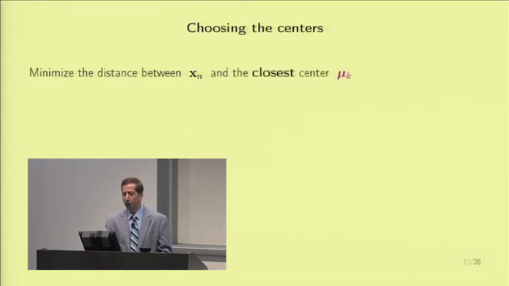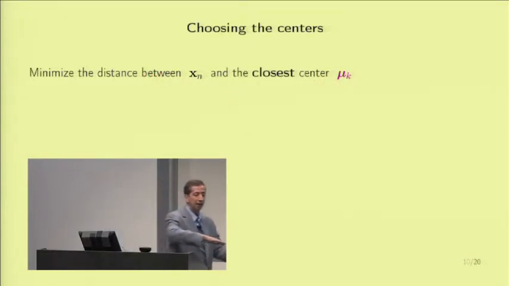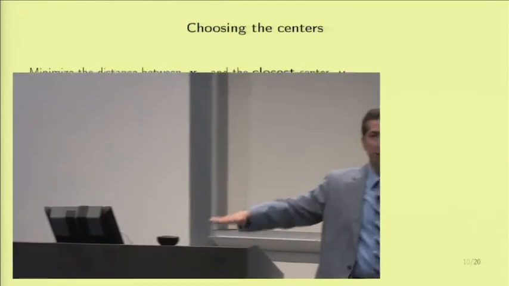So you take xn and take the center which is the closest to it, and assign that point to it. Here is the idea. I have the points spread around. I am going to select centers.